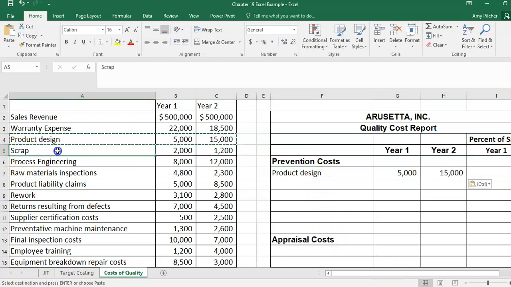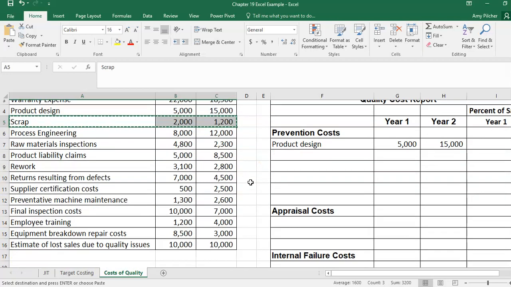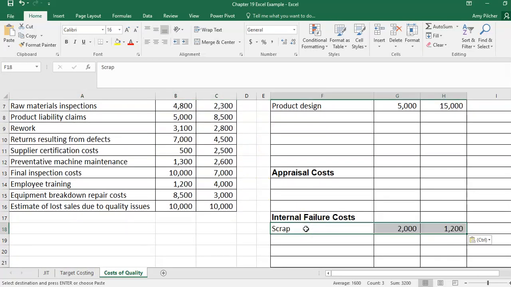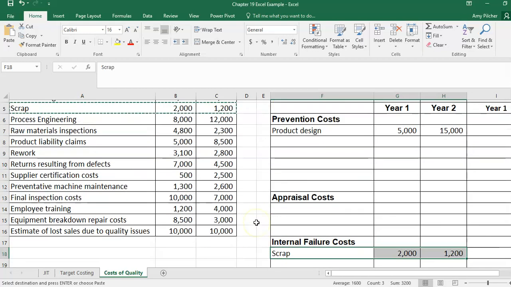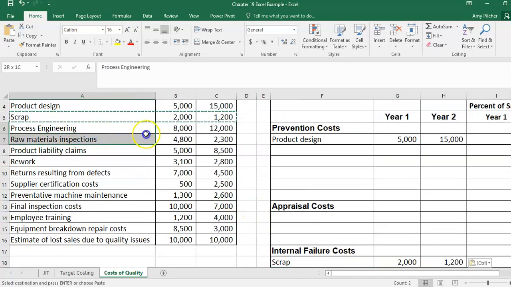Our next item is scrap. Scrap is when we have defects in the product from the production process. Scrap is an internal failure cost. Process engineering. Process engineering is when we look at our processes and we redesign them to be more efficient or in order to prevent defects.